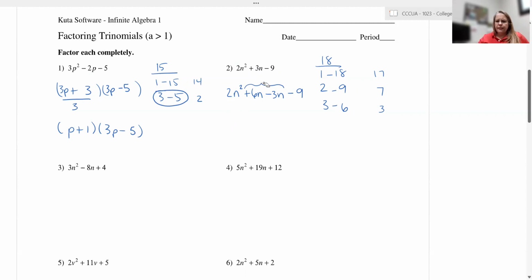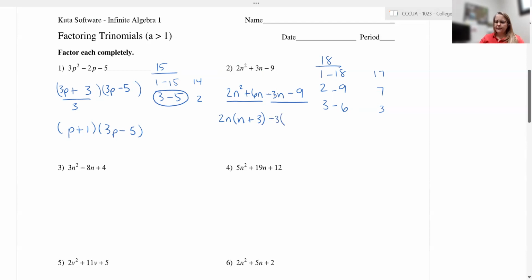Now when I factor this by grouping, I'm going to look at my first 2 terms and my second 2 terms. In my first 2 terms, I have a greatest common factor of 2n, so that's what I'm going to take out of there. And then I'm left with n plus 3. In the second 2 terms, my greatest common factor is not only a 3, but it's a negative 3.